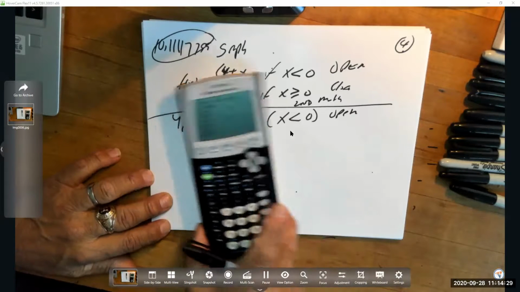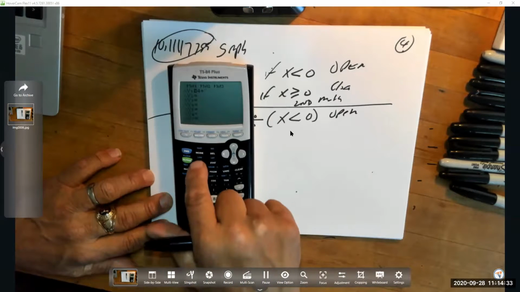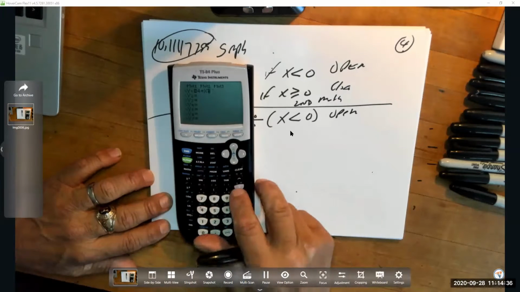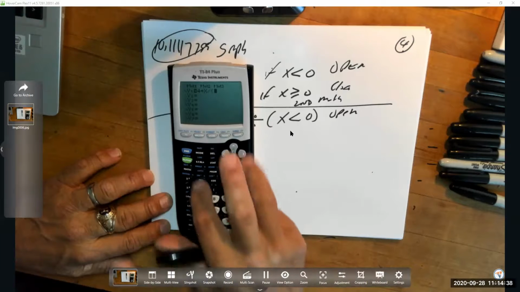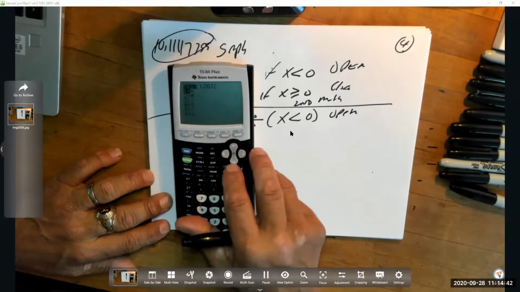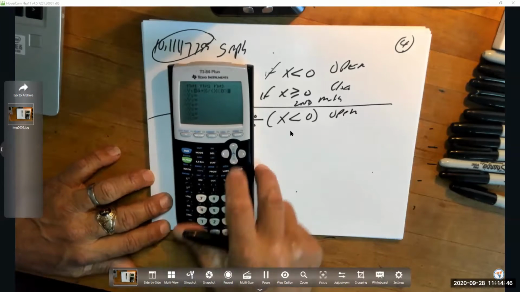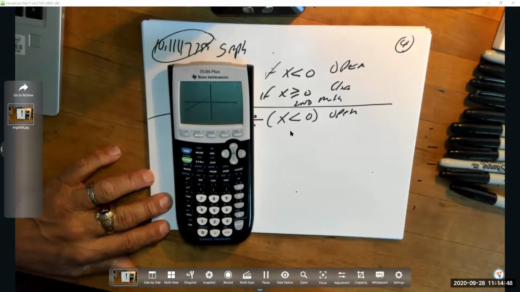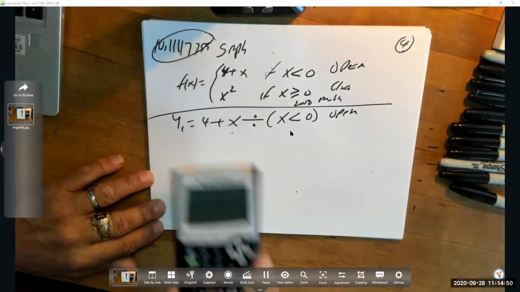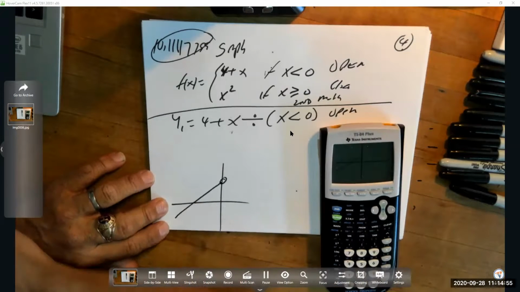I'm gonna put 4 plus x, division symbol, and then x, second math, and it's less than, so less than is that one, 0, and then graph. So it's a line up there somewhere. It just goes up like that somewhere, right there. Yeah, y'all got a picture like this?